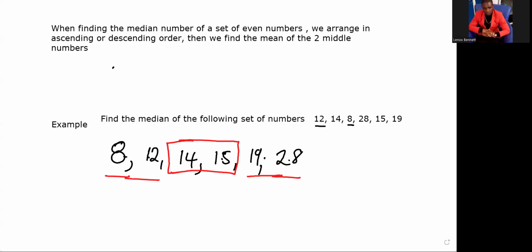Okay, let's see if Amari agrees with you. Do you agree, Amari? Yes, sir. Okay. Anybody disagree? She said add the 14 and the 15 and then divide by 2. All right. So you guys agree.